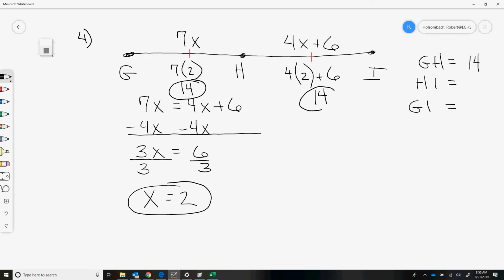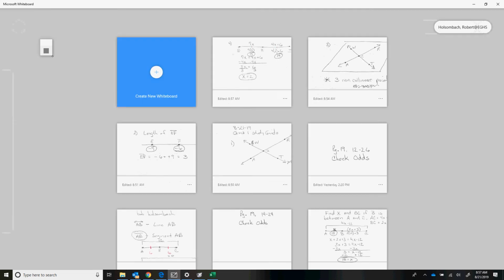And look, it's a good way to check your algebra by substituting the 2 in both sides. All right? You should get the same number when it's substituted because the 2 expressions were equal to each other. So H to I is 14. So how far is it from G to I? That's a 14 and a 14, which is a 28. All right? So there's your setup. Number 5.